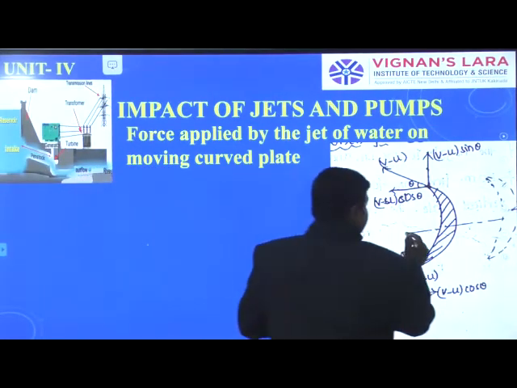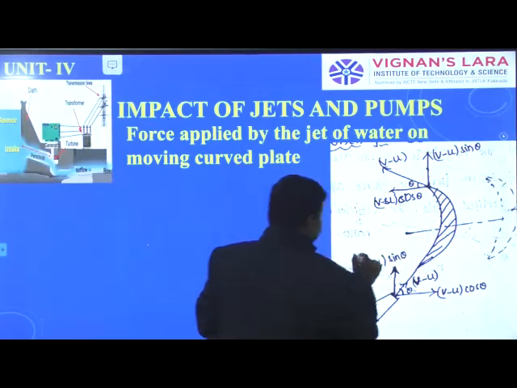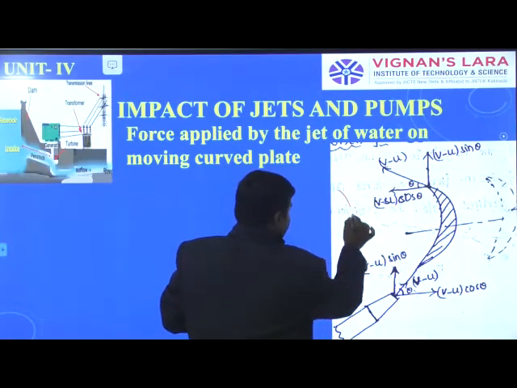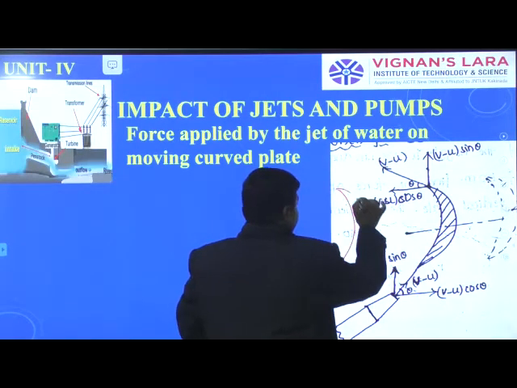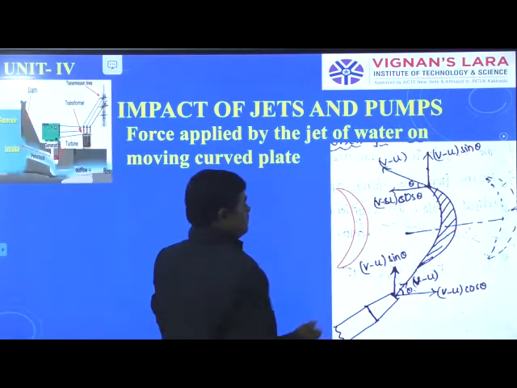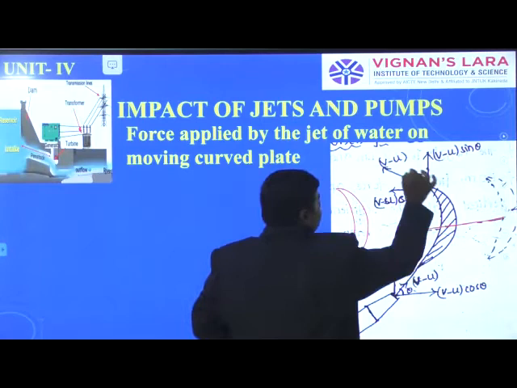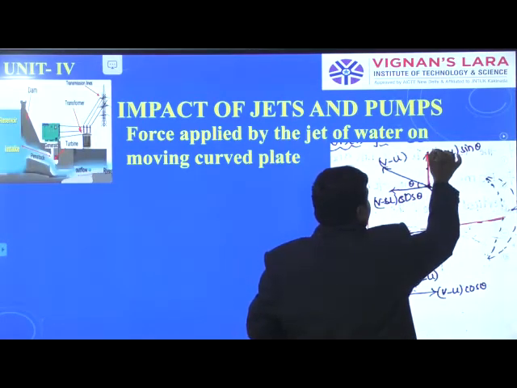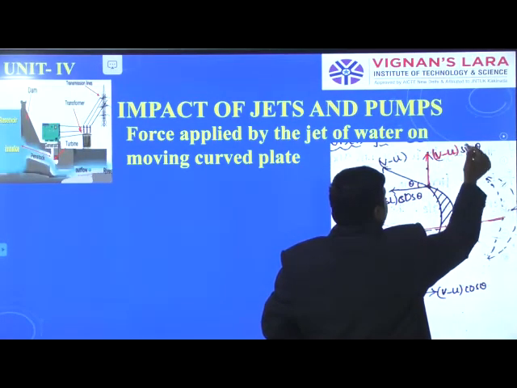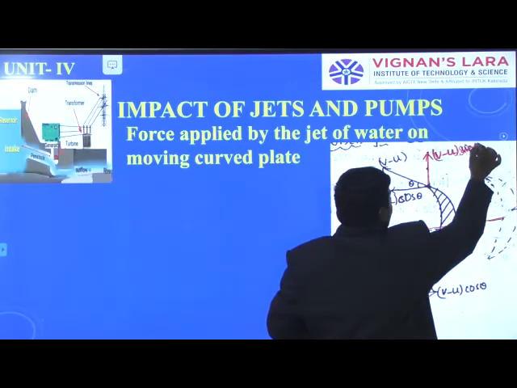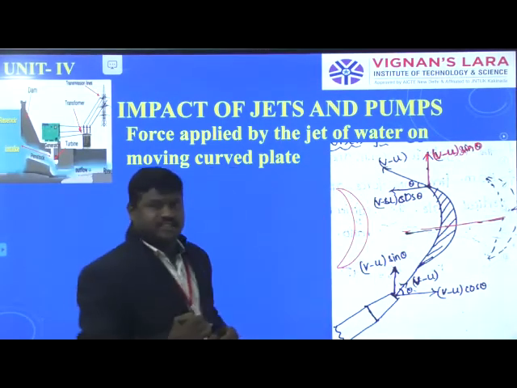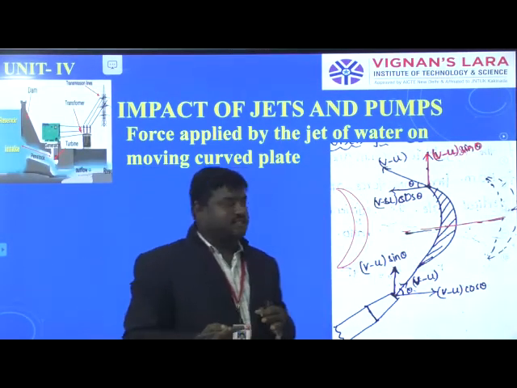So for the moving curved plate, here we have to write this. This is the x direction. Here this is the y direction, v minus u sin theta. So v means initial velocity minus final velocity.